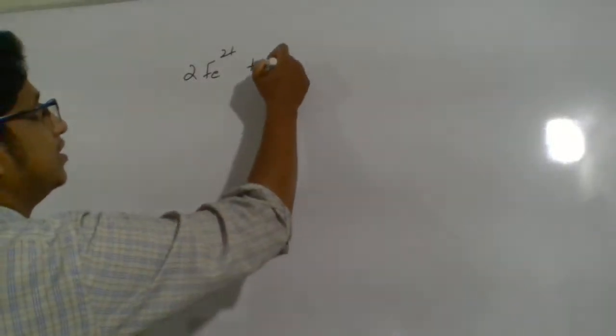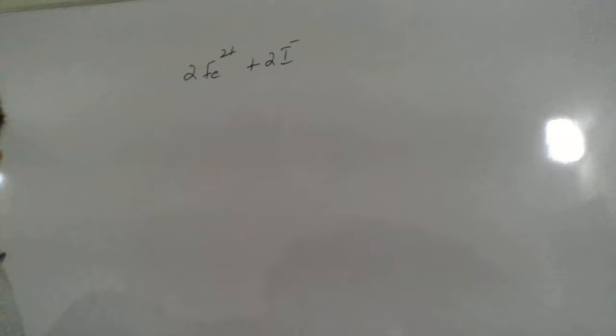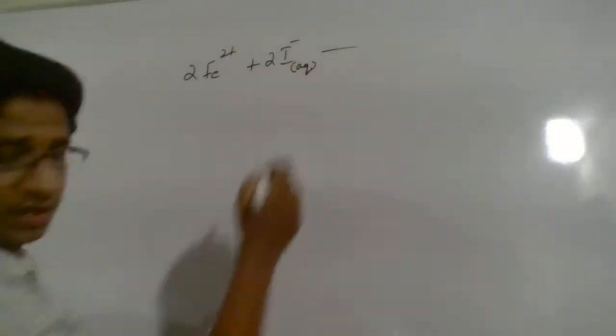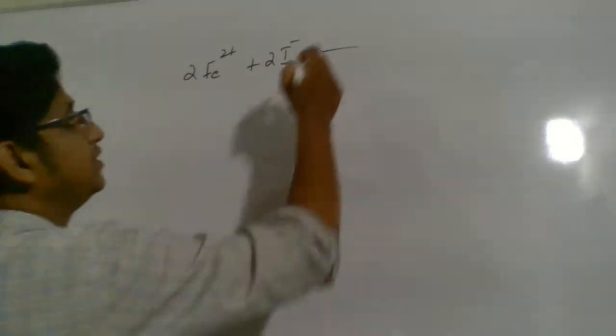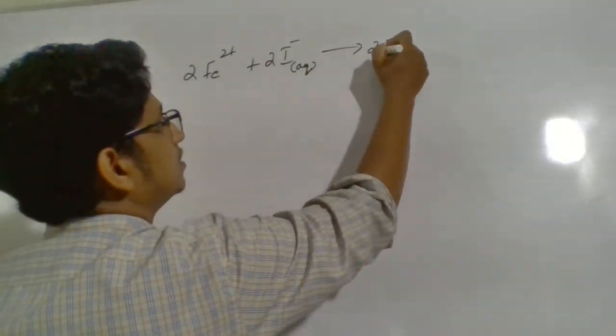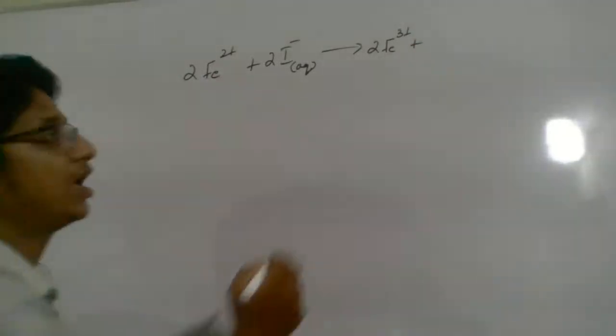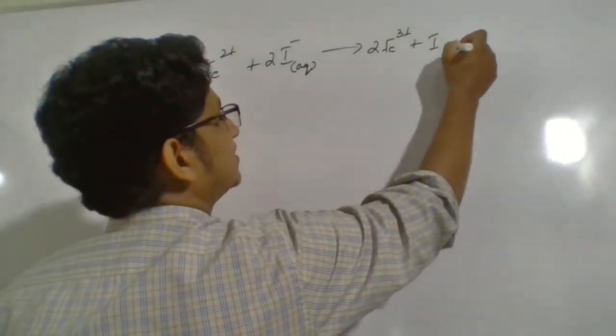The standard electrode potential of a cell in which the following cell reaction takes place is given: 2Fe2+ in the presence of I- (iodide ion) gives 2Fe3+ plus I2.